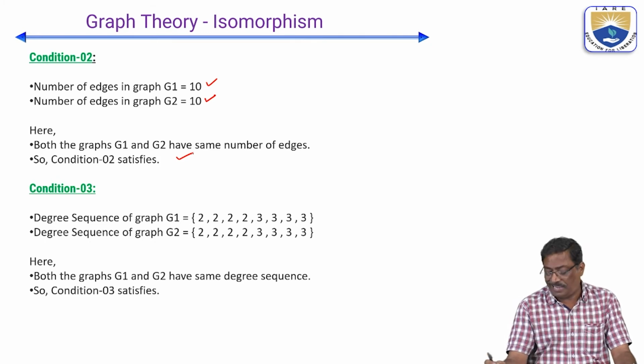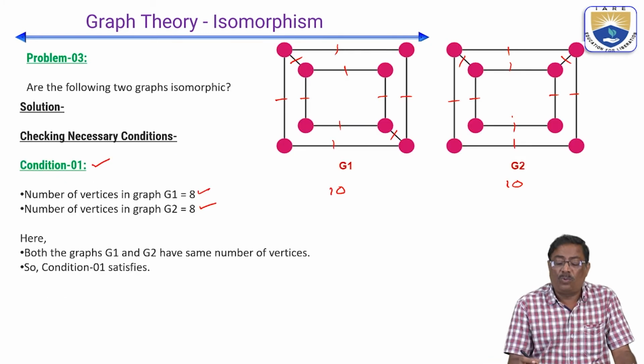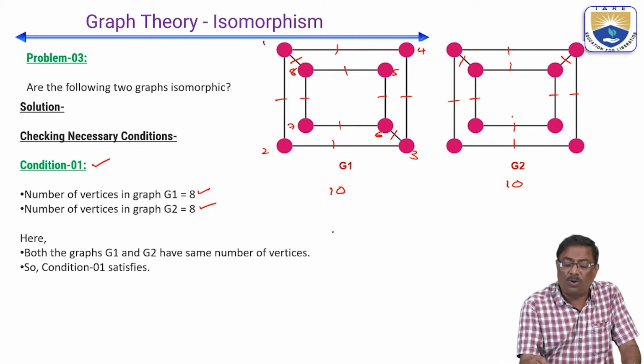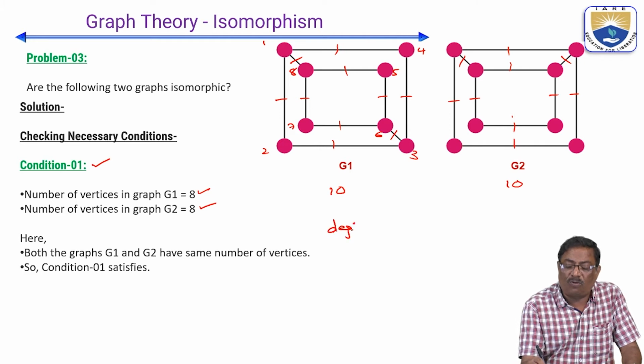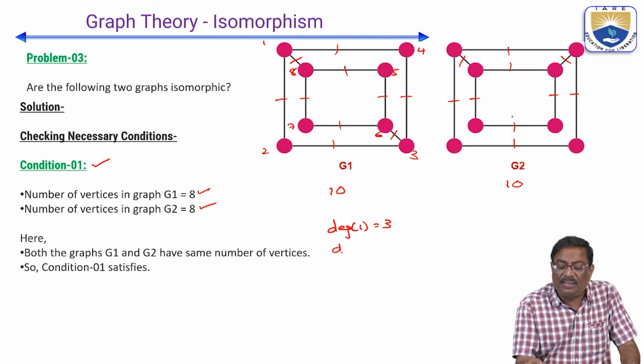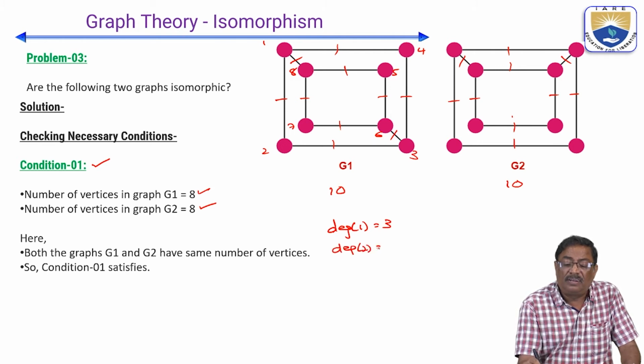Now condition 3. We have to verify, let us say 1, 2, 3, 4, 5, 6, 7, 8 are the vertices. Now, what is the degree of vertex 1? The degree of vertex 1 is 3. Degree of vertex 2 is only 2.